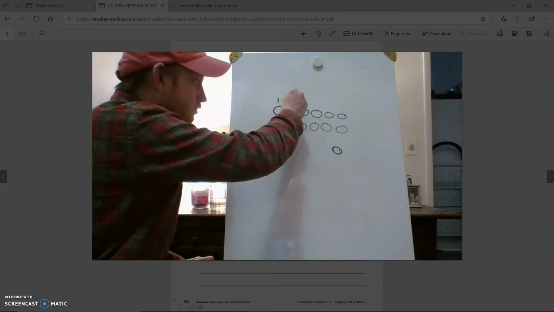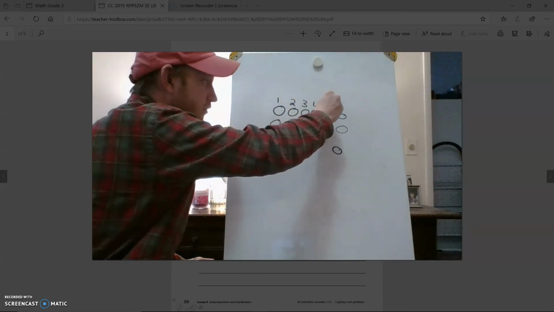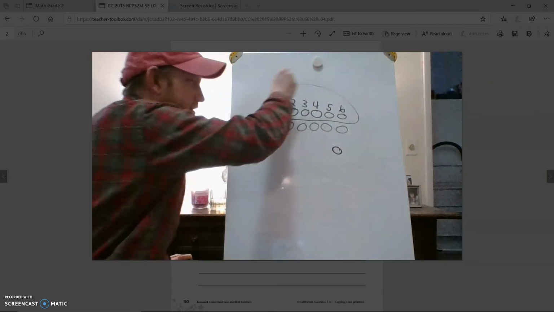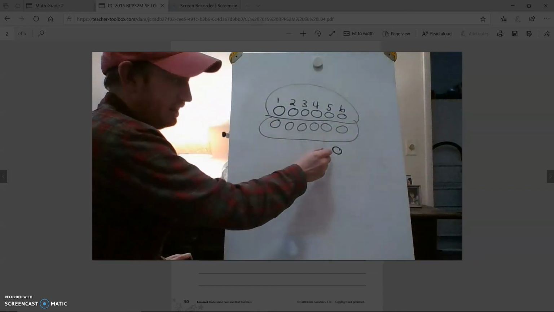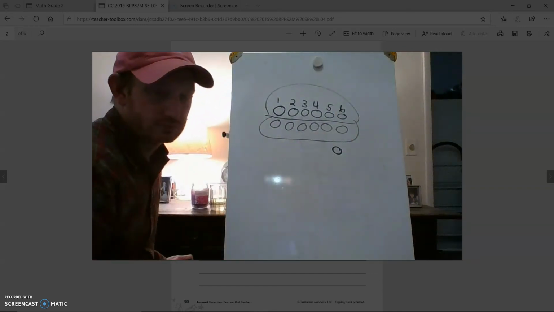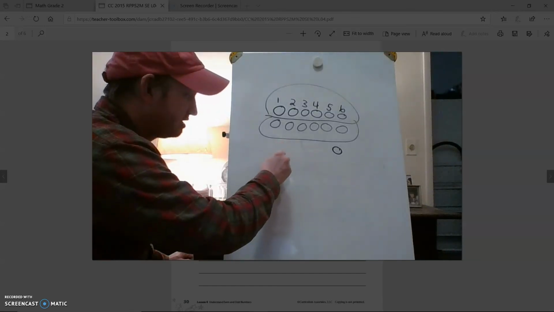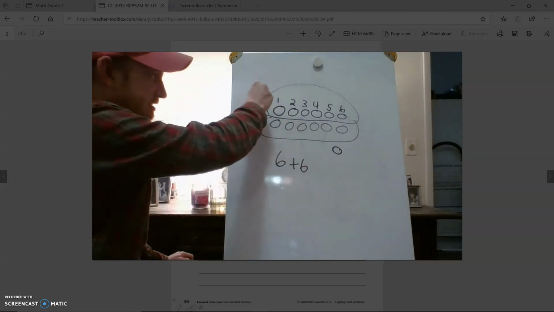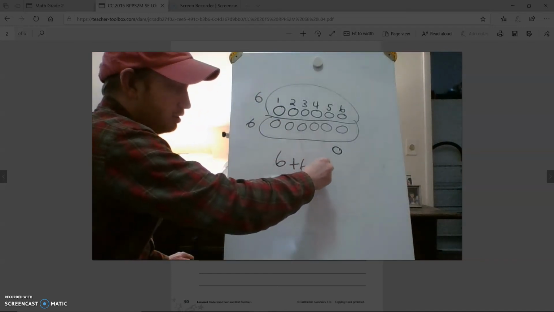1, 2, 3, 4, 5, 6. I have one group of 6, and I have a second group of 6. And then I have a little 1 over here. So I know that my equation is going to be 6 plus 6 plus 1.